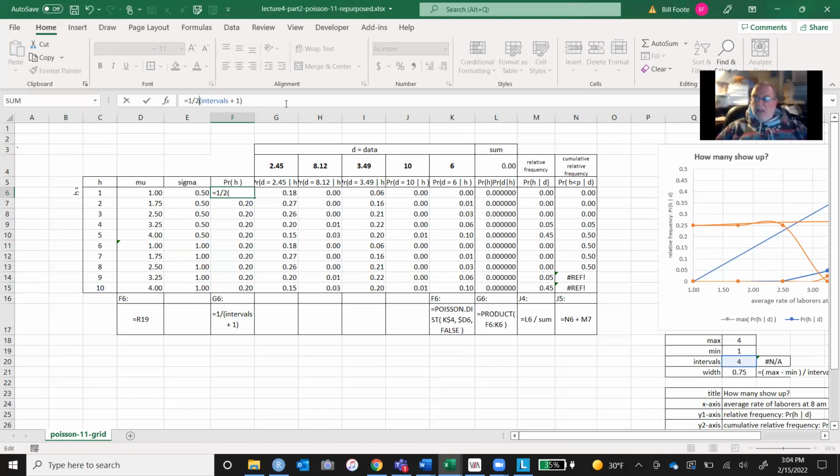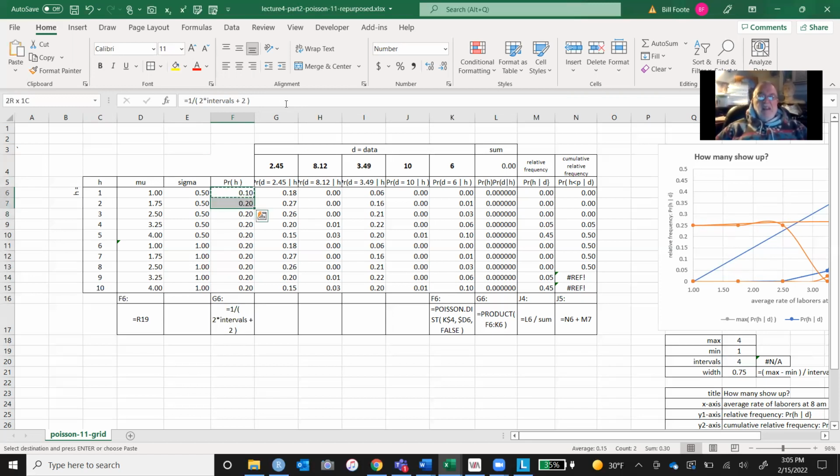Let's go 2 times the intervals, 2 times 4. There we go. 2 times the intervals plus 2. That should give us 10, right? And then just copy this down. Because we actually have 10 hypotheses.